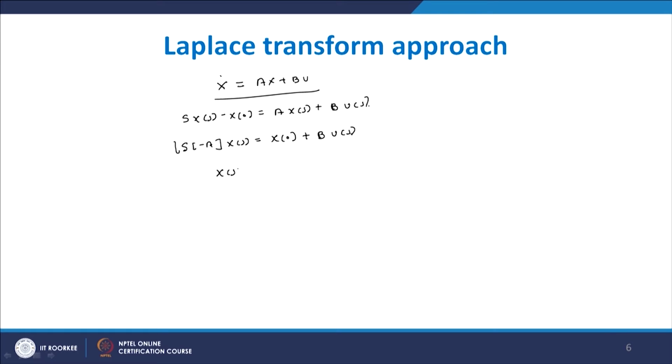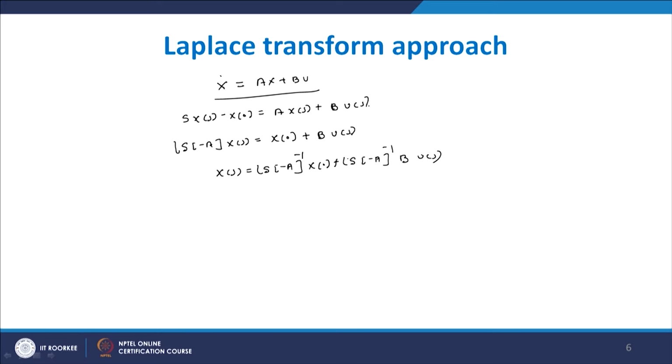Now, this x of s equal to (si minus a) inverse x naught plus (si minus a) inverse b into u of s, that is x of s equals (si minus a) inverse x of 0 plus (si minus a) inverse b into u of s.